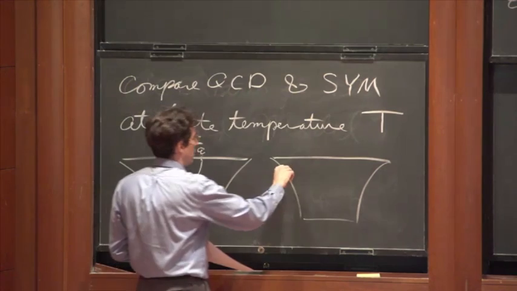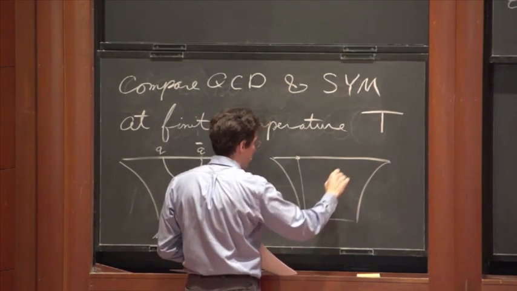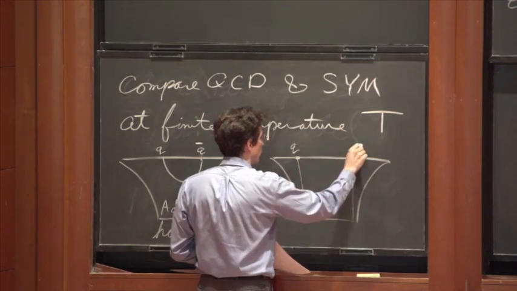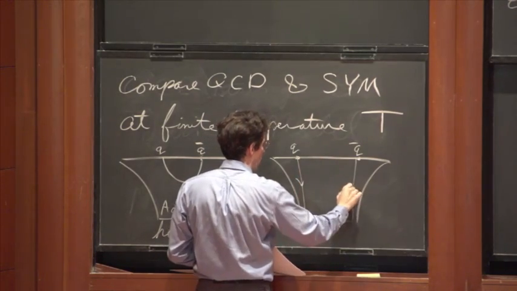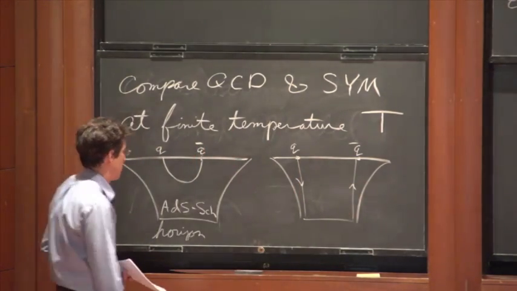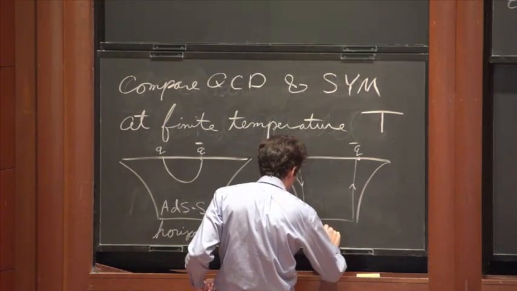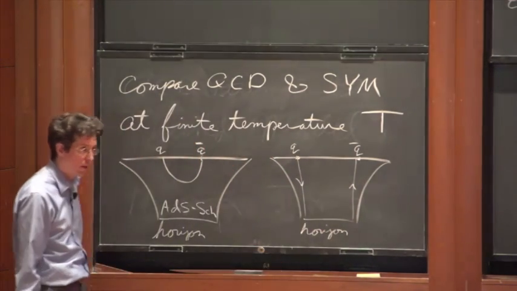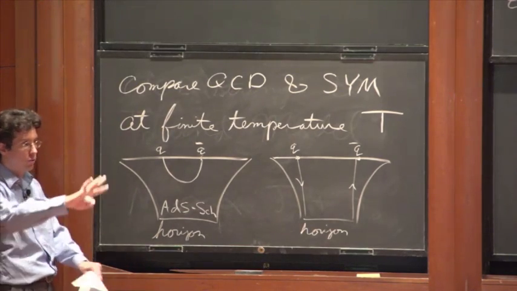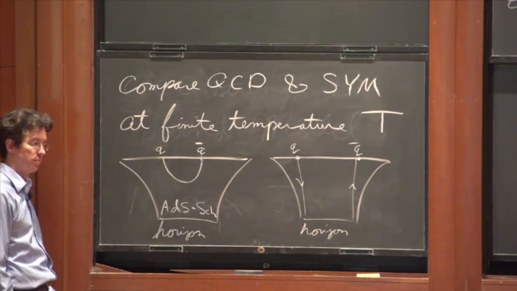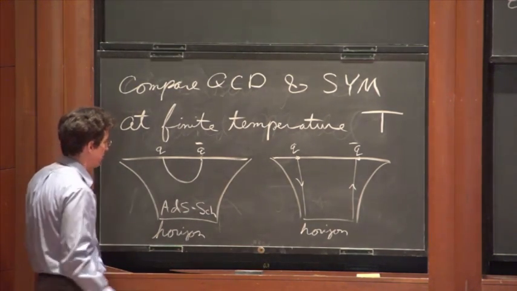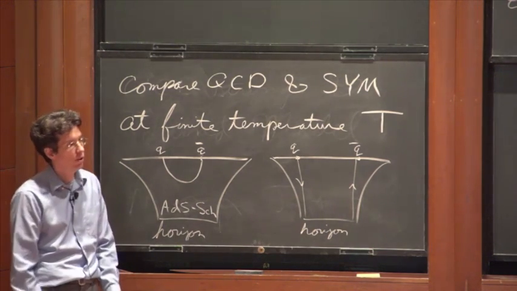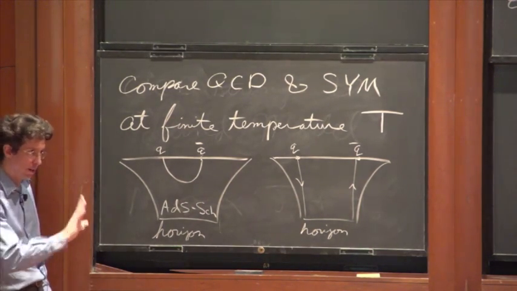This is one, and this is another, where the strings just hang straight down. And at large separation, this one will win, which basically says that screening has become perfect. But at small separations, this one will win, which means that you're going to recover a 1 over r potential at sufficiently small radii.